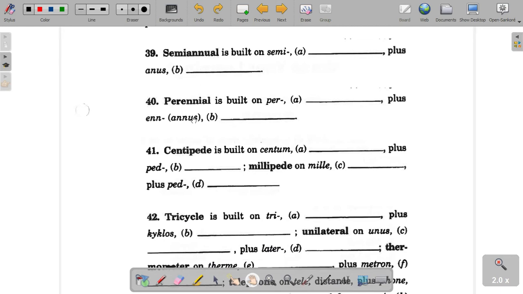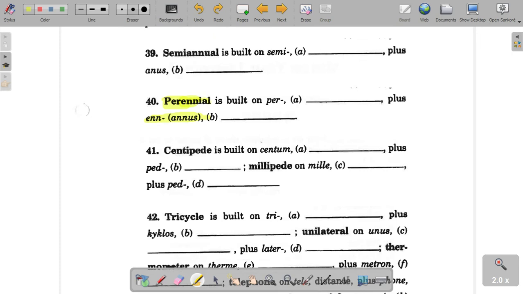Do you remember what the word perennial means? Time. Has to do with... No, that would be millennial or millennium. So, do you remember what this root means? Year. And then do you remember what the prefix per means? Thousand. No, that's mil.